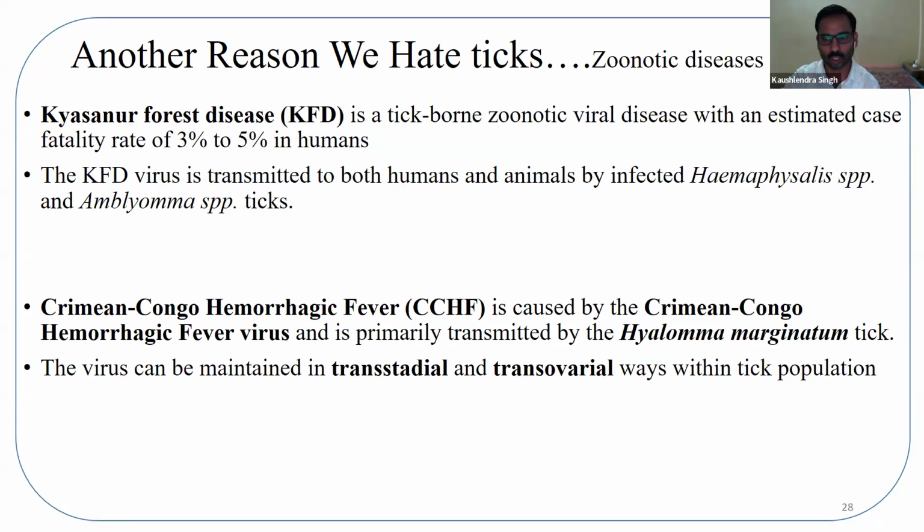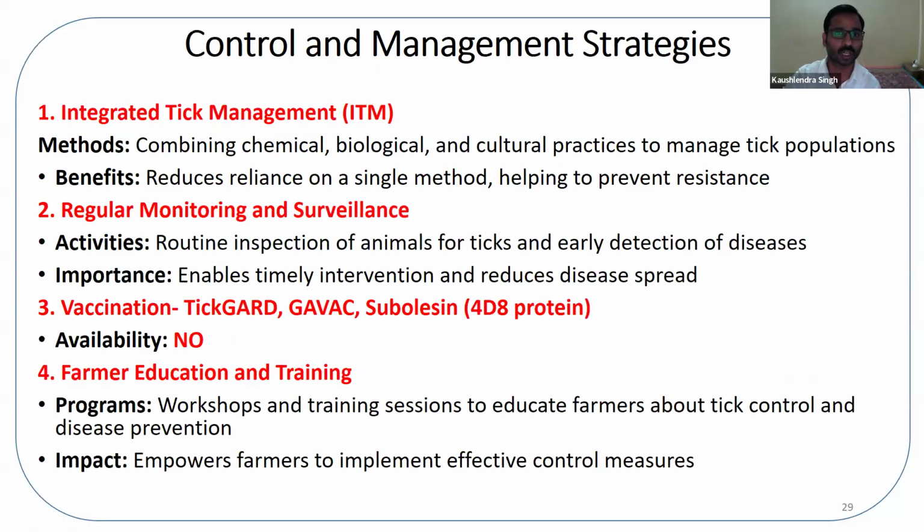Similarly, CCHF is caused by the Crimean-Congo hemorrhagic fever virus, and it is primarily transmitted by the Hyalomma marginatum tick. This virus can be maintained by transstadial and transovarian transmission within the tick population. Come to the control and management strategies.